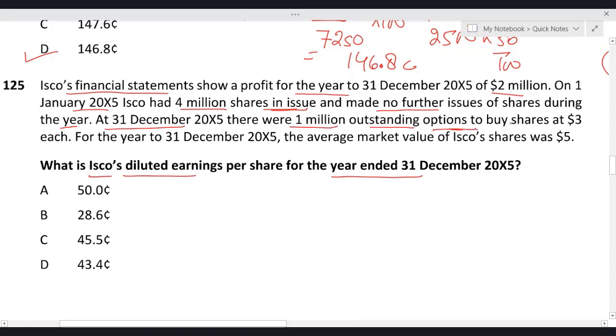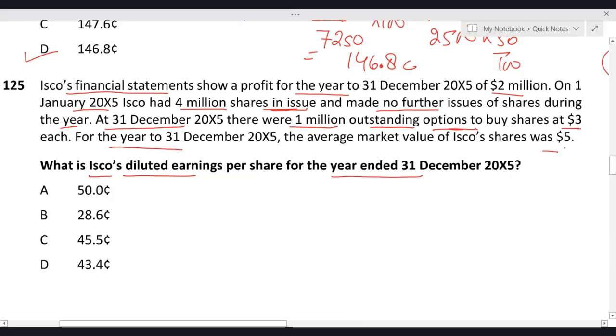Students, we have discussed that share options are potential ordinary shares, and in case of share options, only shares for nil consideration are the ones which dilute your EPS. They have 1 million outstanding share options to buy at 3, the exercise price. For the year ended December X5, the average market value is $5.